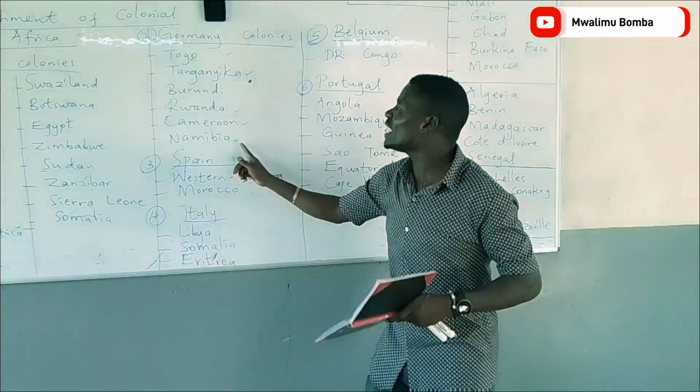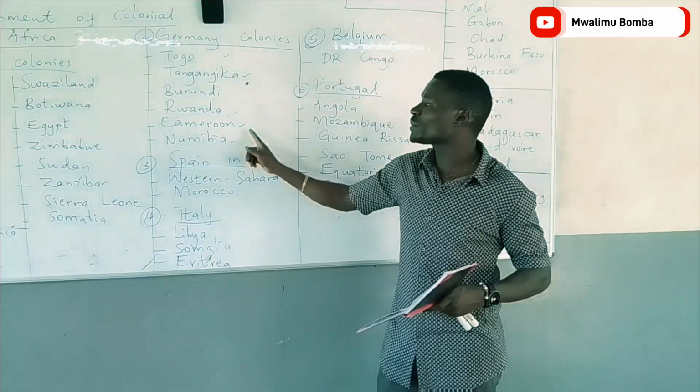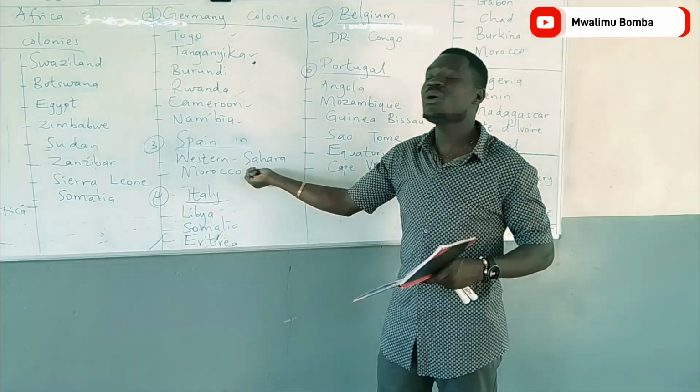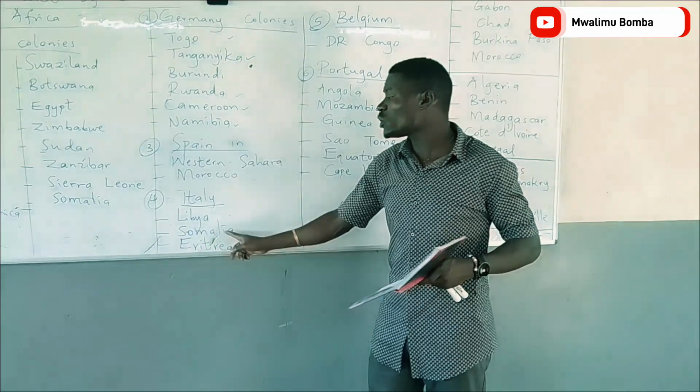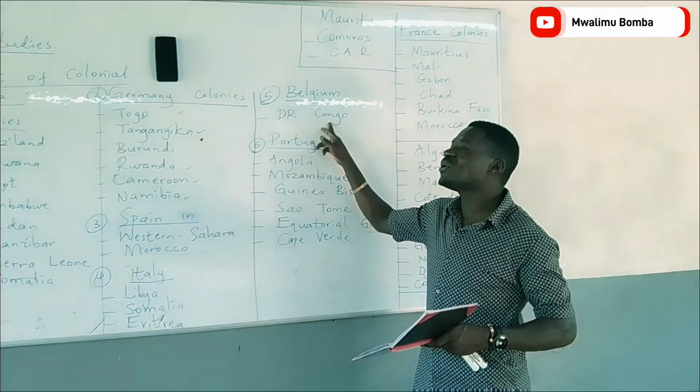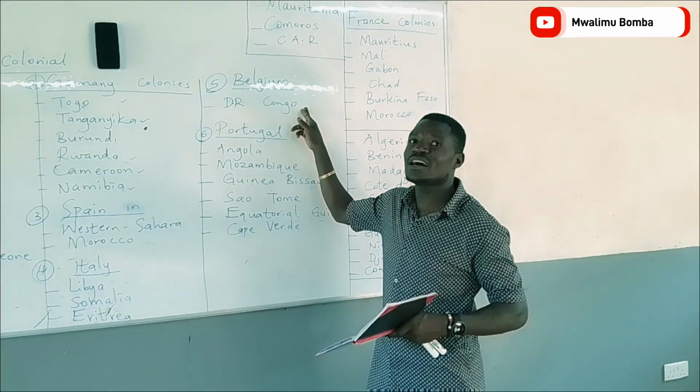Togo, Tanganyika, Namibia, Rwanda, Cameroon. Spain, Western Sahara, and Morocco, Italy, Libya, Somalia, and Eritrea, Belgium, and Congo in Africa.